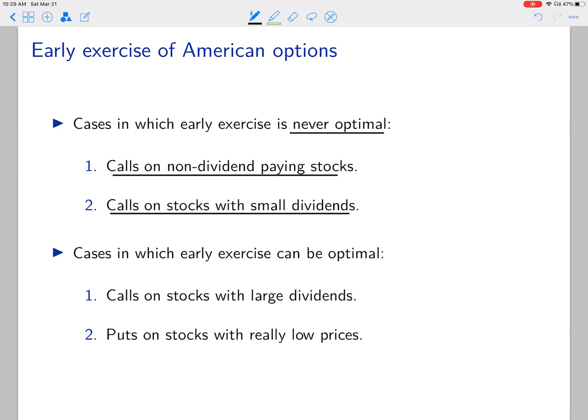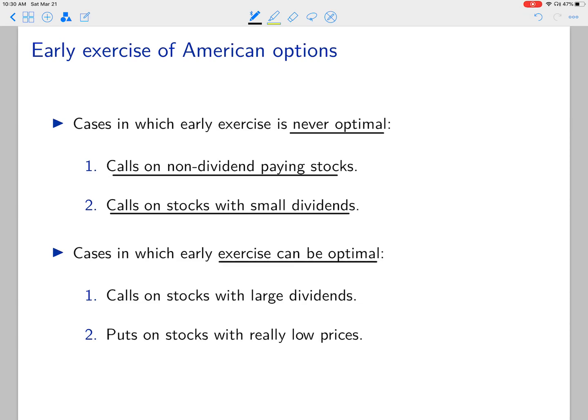We can prove that early exercise is never optimal for these. The reason why these options should never be exercised is because the value you get from receiving the stock early or the dividend slightly early is not going to exceed the deferred payment value that you sacrifice.